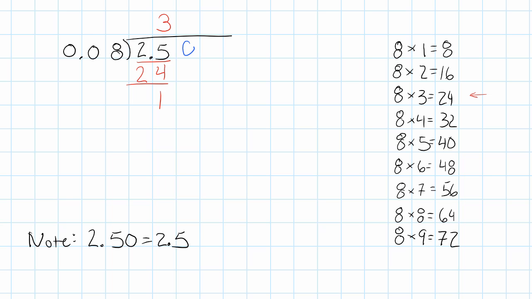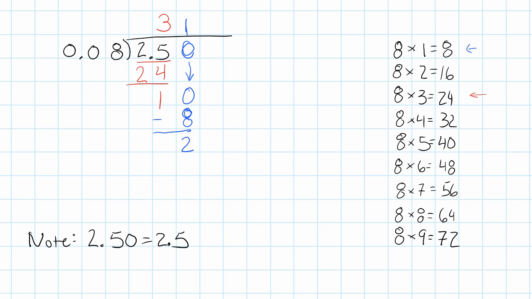What that means is that we can write in a 0 here, bring it down, and say now how many times does 8 go into 10? And it goes in once. 1 times 8 is 8. Subtract, and we have 2 left.